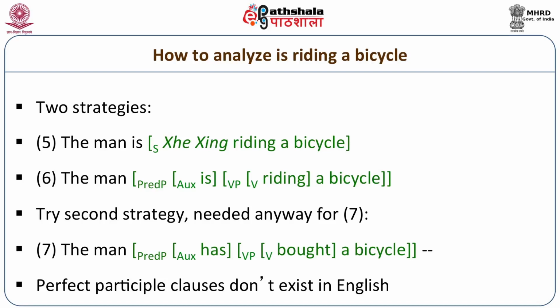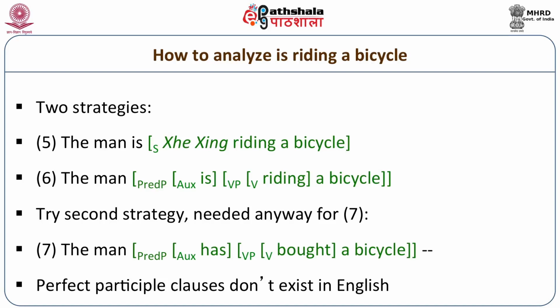If we compare the progressive participle with the perfect participle, we find that the perfect participle in English cannot be used in a separate participial clause that modifies an NP.